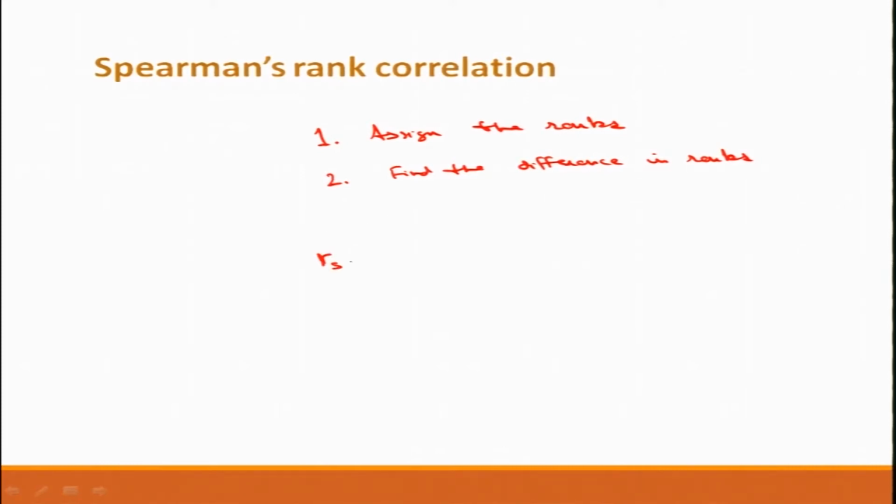Also, if ui and vi are integers, Spearman rank correlation can be given by this relation, where di is the difference in ranks.